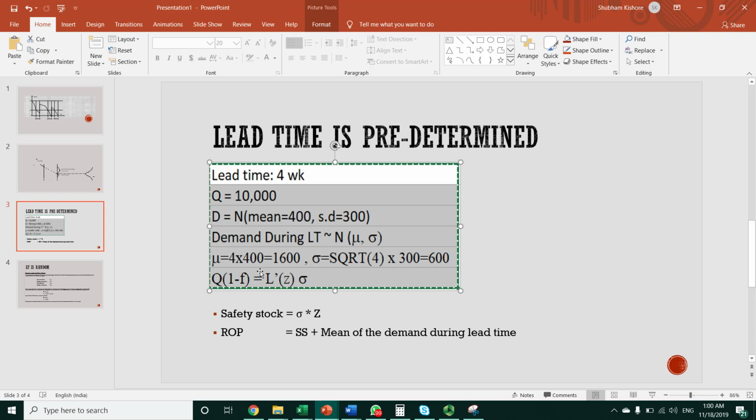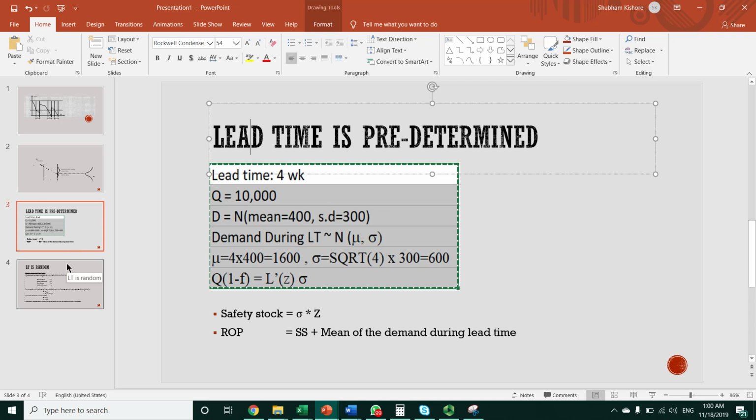And this mu, which we calculated, is for the calculation of the reorder point, which is nothing but safety stock plus the mean of the demand during the lead time. So this is for when the demand is predetermined.